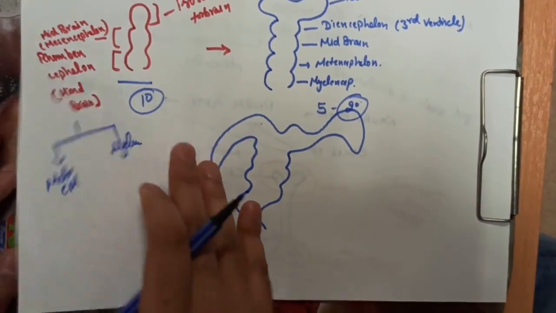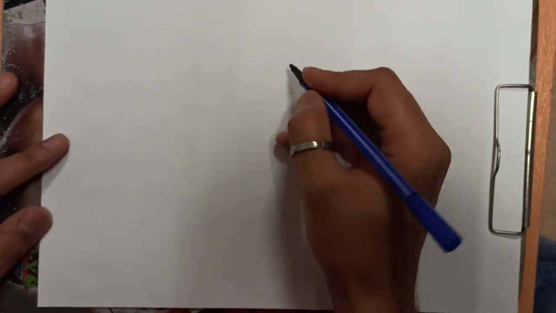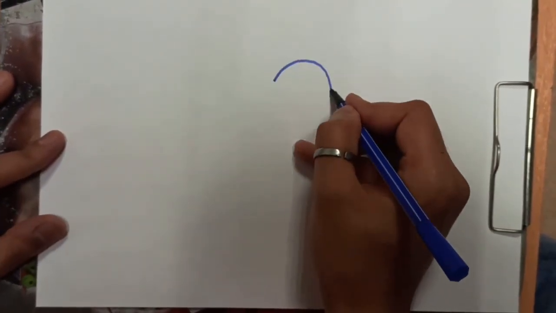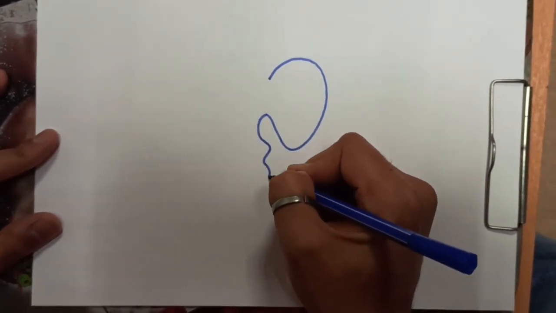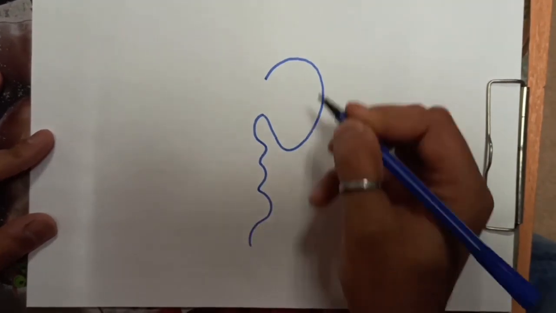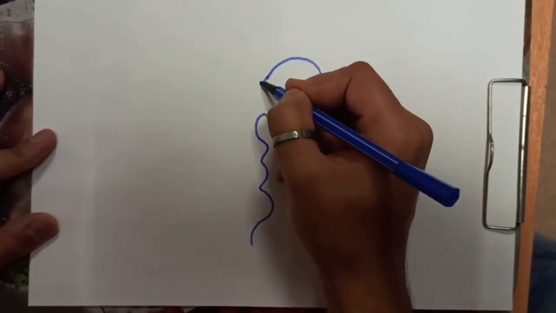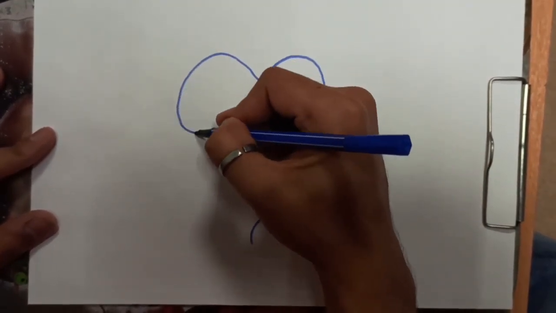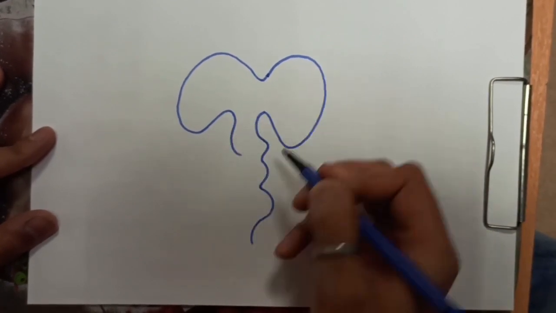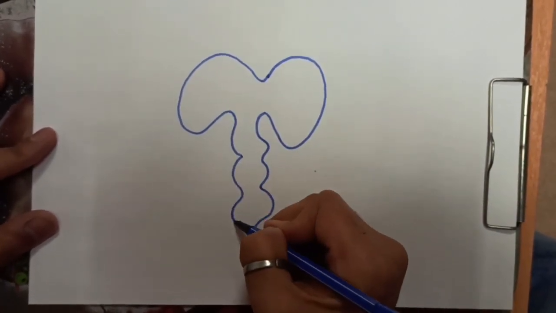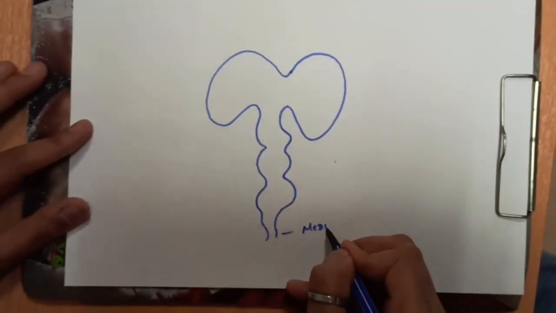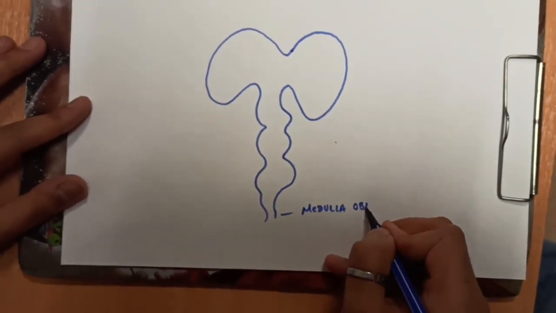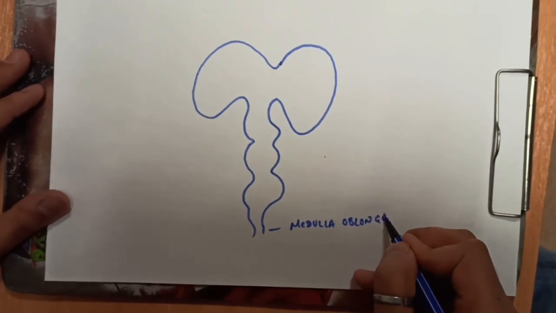Okay, so the diagram is not made correctly. I'll correct it. So this part will be the medulla oblongata.